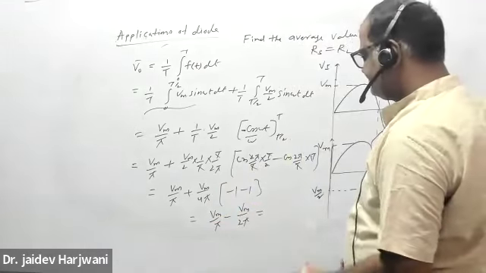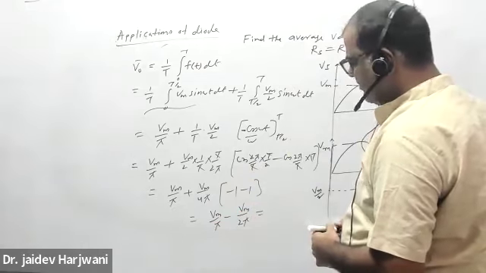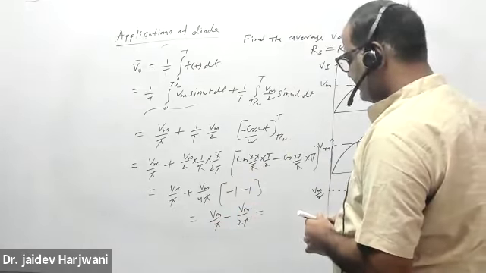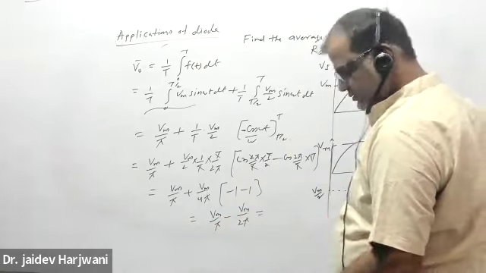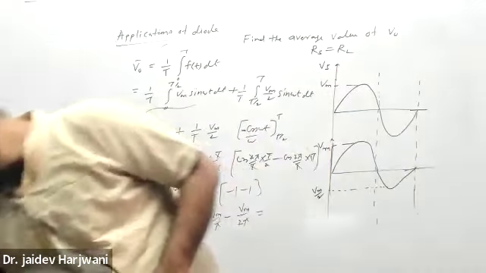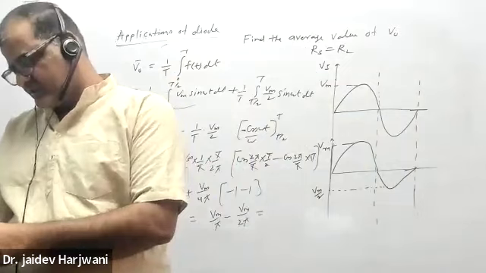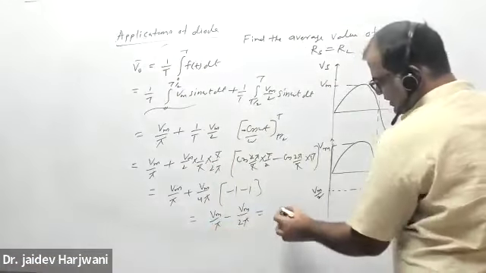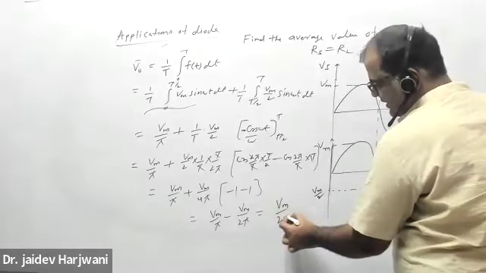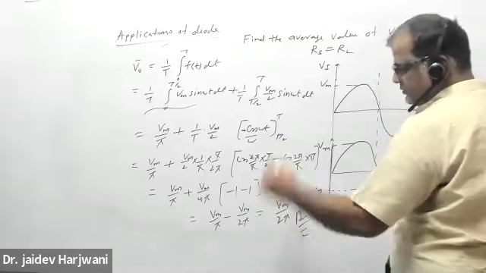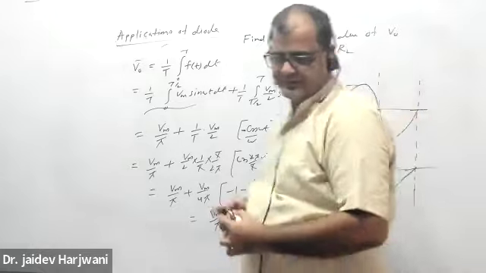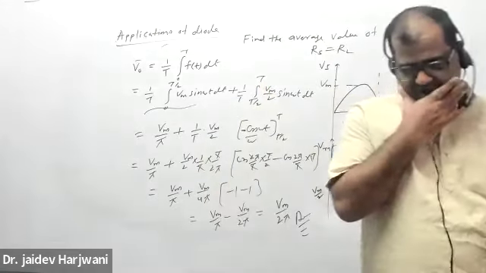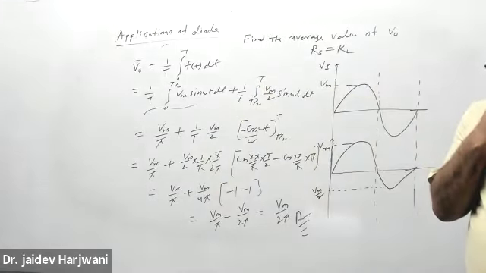Yes or no? Now how much will come? Tell me, what is the value? Oh, I have made a mistake. Let me check. So it will come Vm upon 2 pi. Vm upon 2 pi is the answer. Tej Kumar, yes sir.